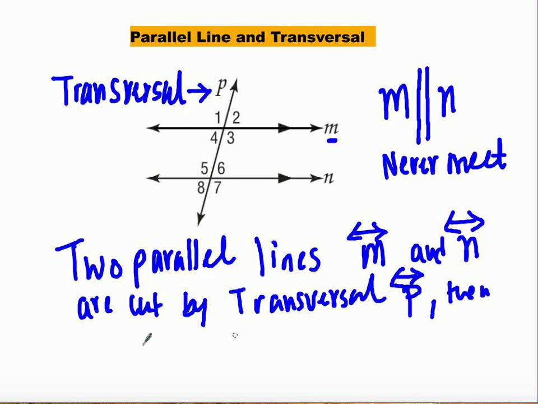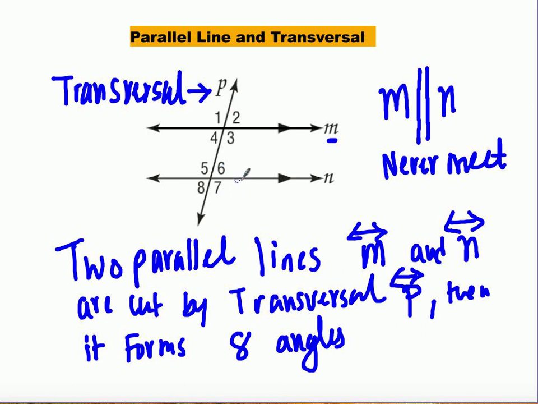Then it forms 8 angles. So when we have parallel lines M and N cut by transversal P, we have these angles: 1, 2, 3, 4, 5, 6, 7, and 8.